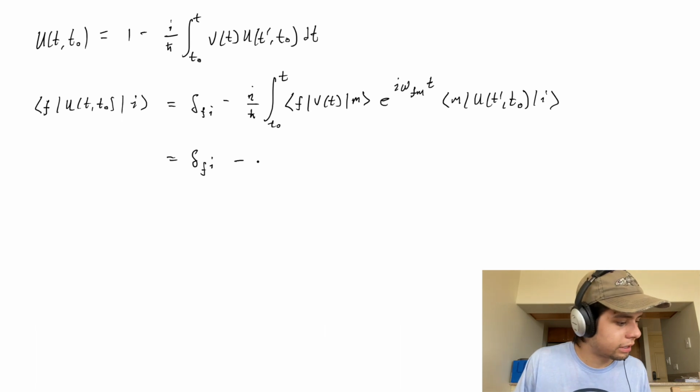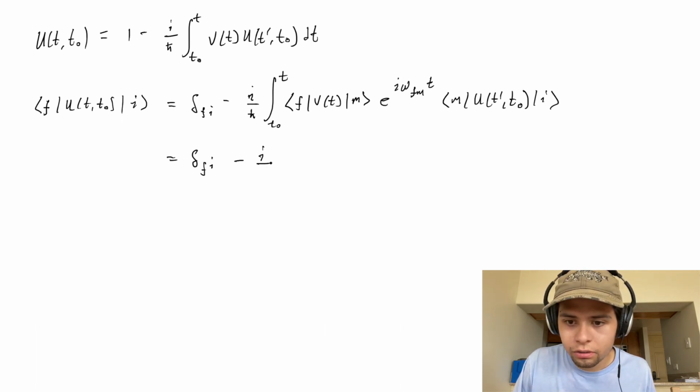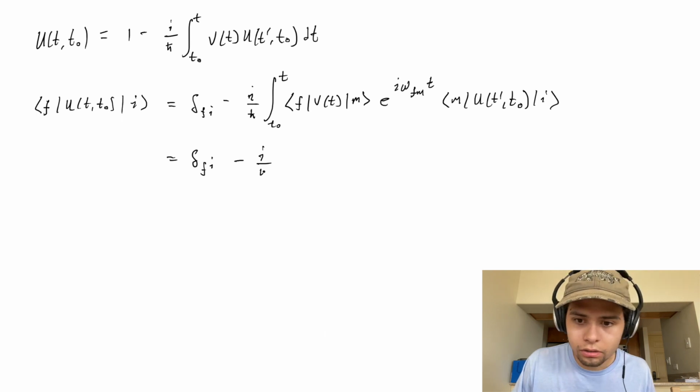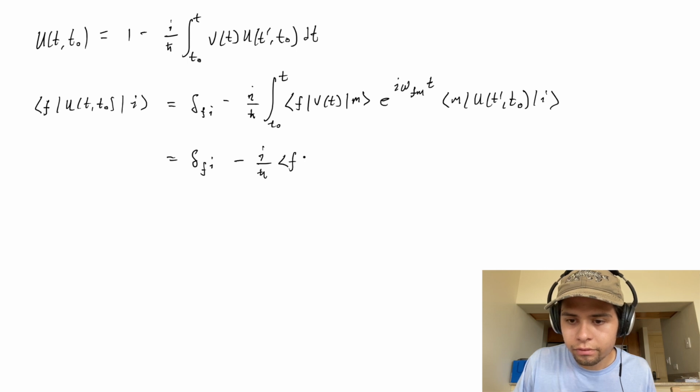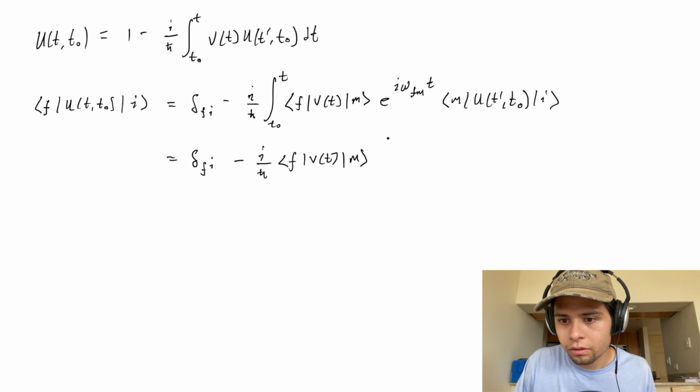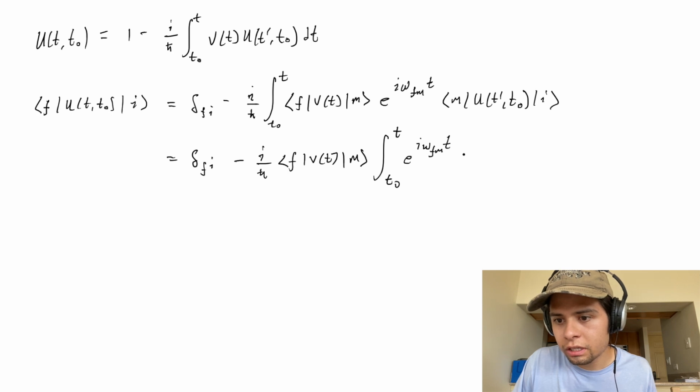And we can actually bring this guy out here, h bar, F, and then we have V of T, M, T naught T, e to the i omega F M of T, U of T naught i, like that.